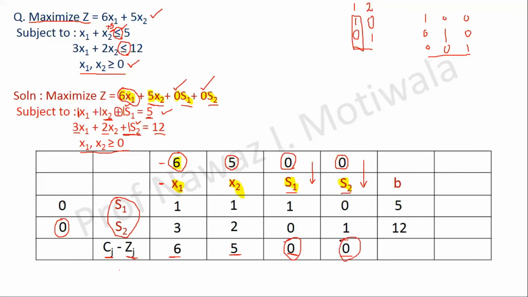So now I can make a statement, or you can say another shortcut: the Cj minus Zj value of the basic variables should always be 0. It was just a time-saving trick that the Cj minus Zj value of the basic variables will always come out to be 0.